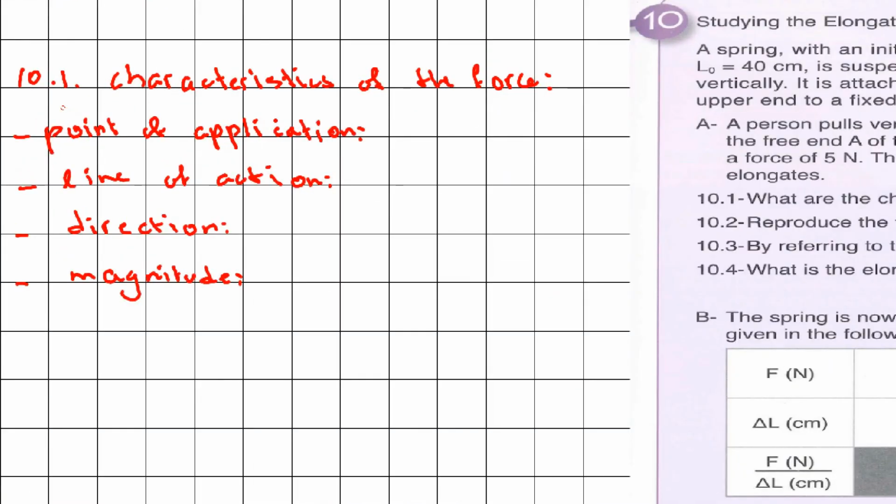Whenever they ask us about the characteristics or the properties of the force, we need to list them in this order: the point of application, line of action, direction, and magnitude.